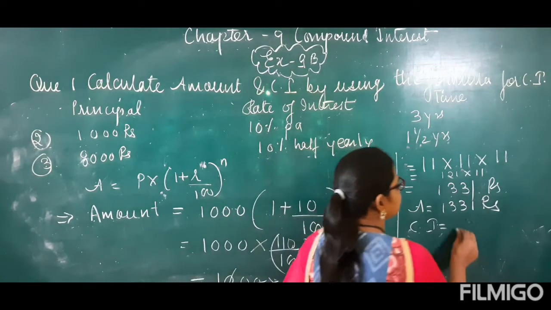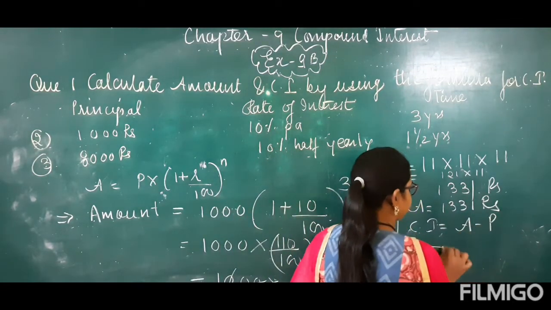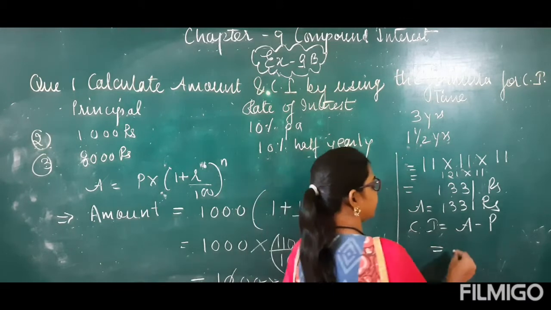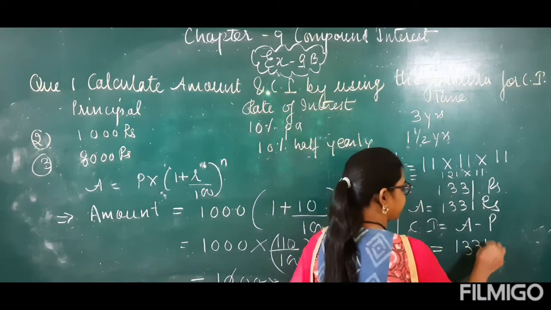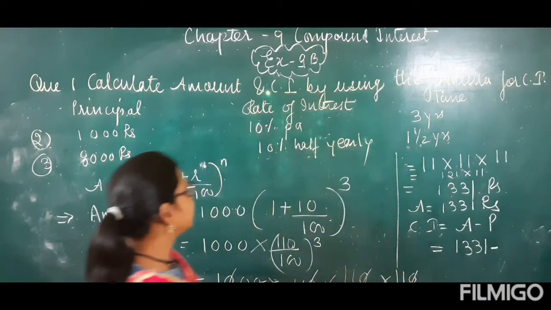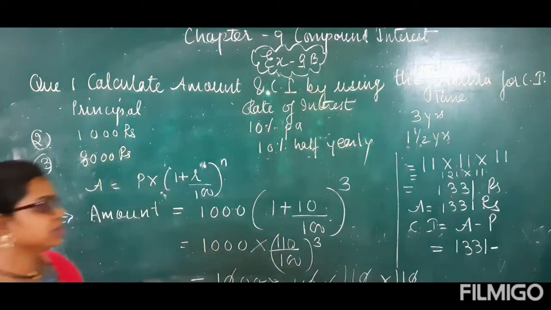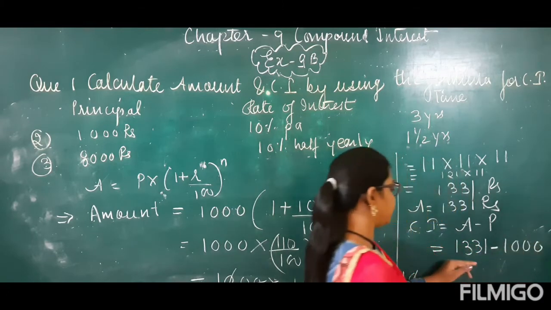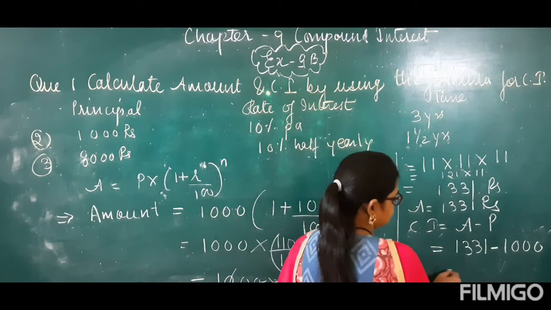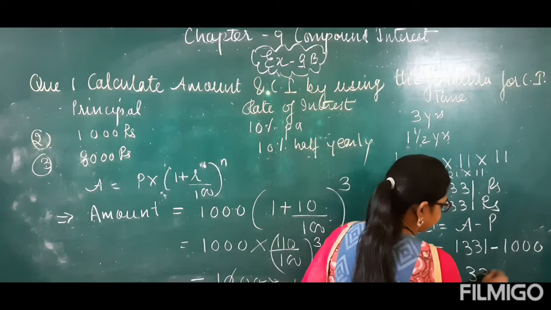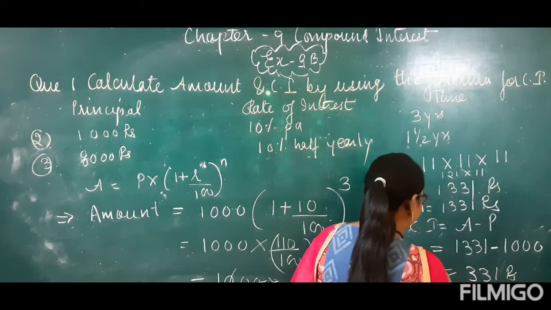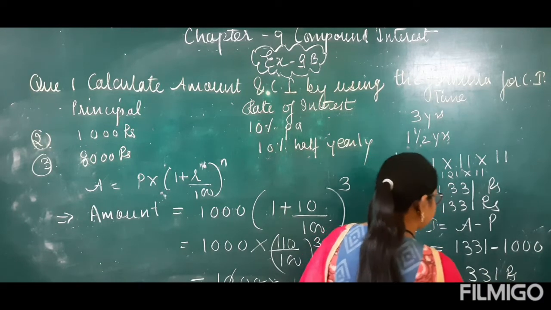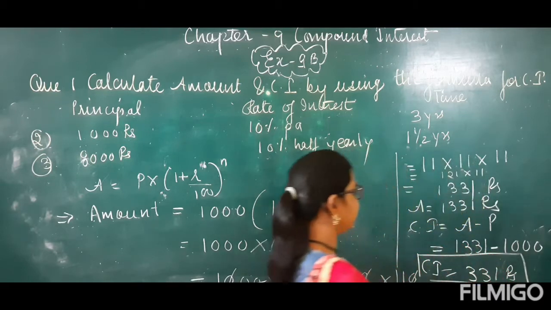Compound interest is amount minus the principal. Amount here is 1331 rupees minus the principal 1000. If you subtract this, you will get 331 rupees. So compound interest here will be 331 rupees.